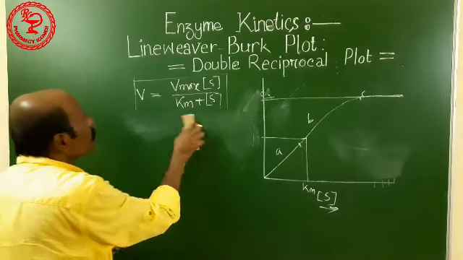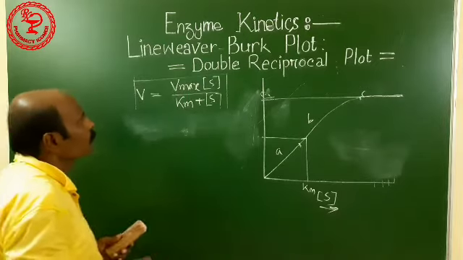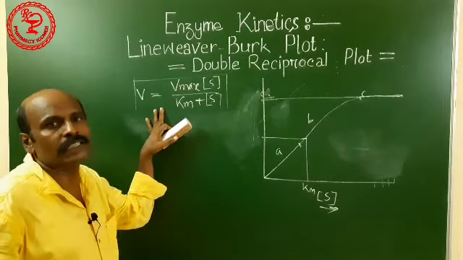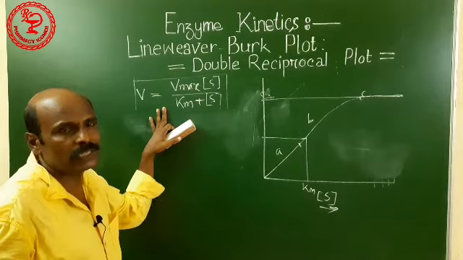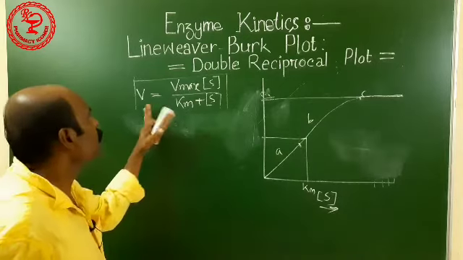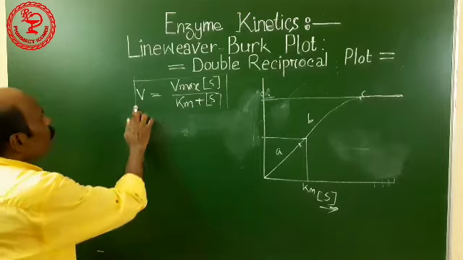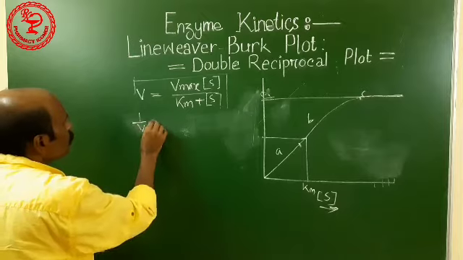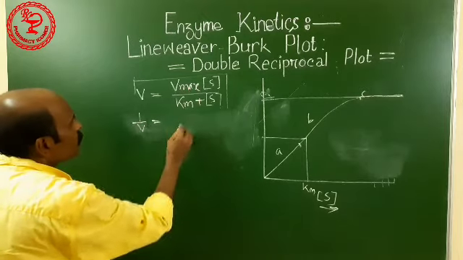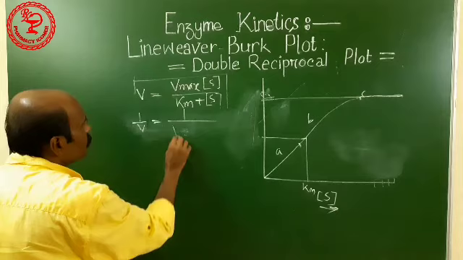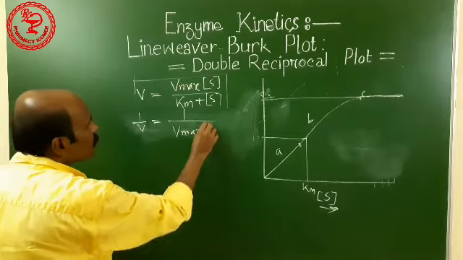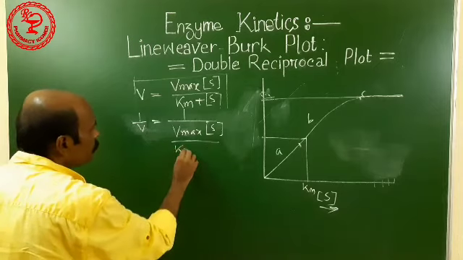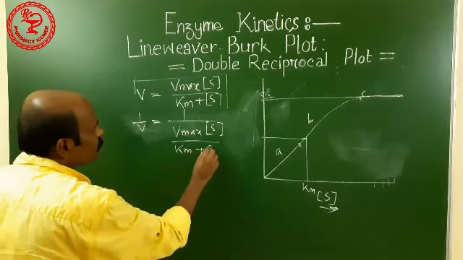Lineweaver and Burk modified it by taking the reciprocal of this equation on both sides. So the reciprocal of V will be 1 by V, and the reciprocal of the right side is 1 by Vmax into substrate concentration divided by Km plus substrate concentration.